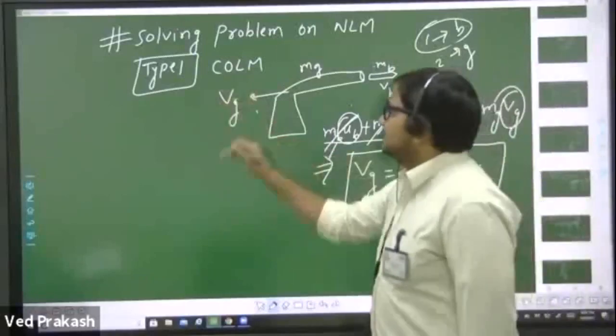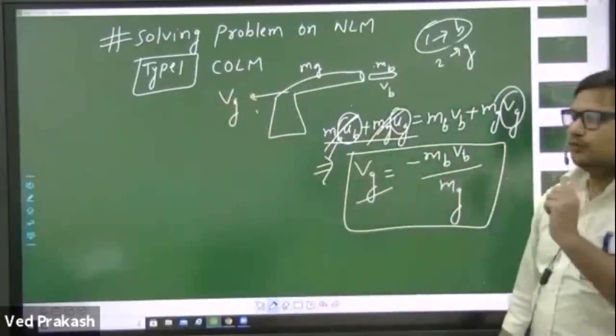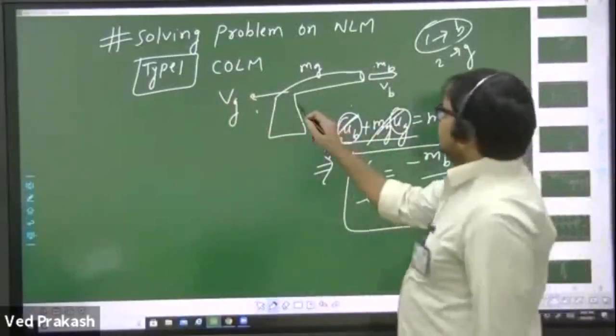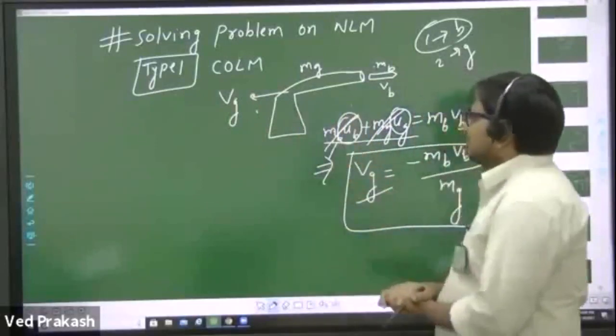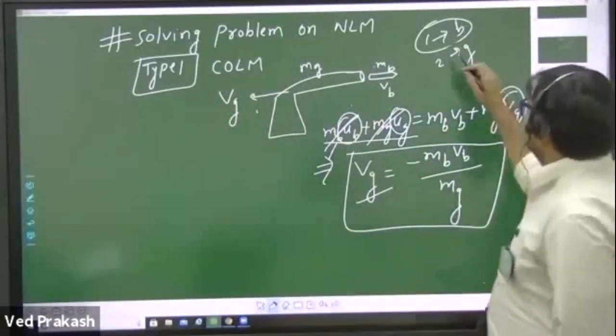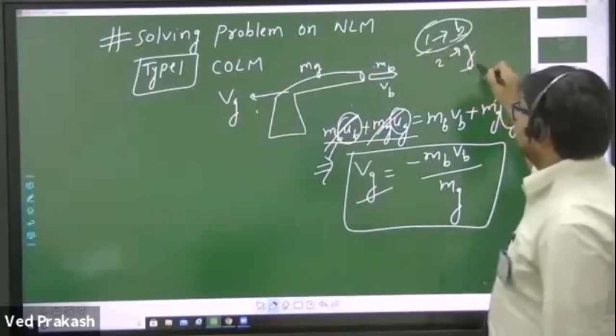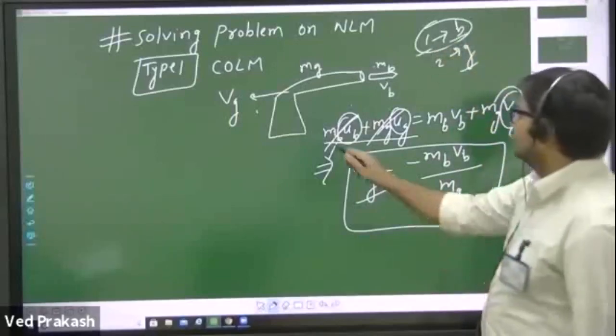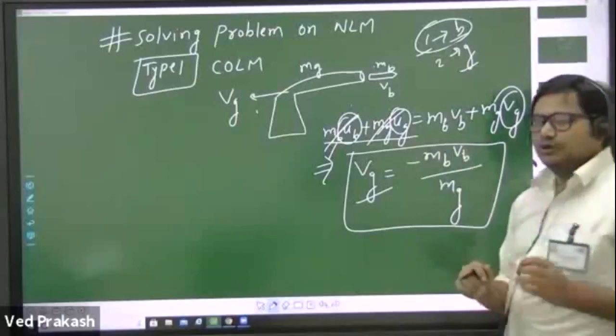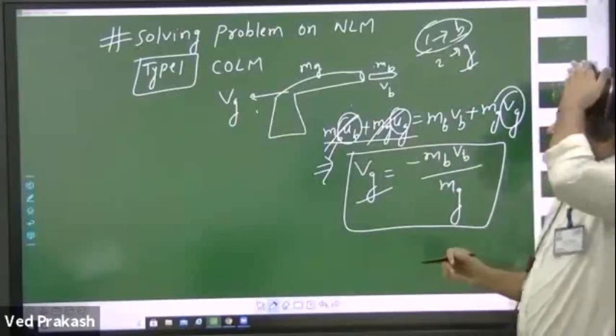So the first type is problems based on conservation of linear momentum. Here I have taken an example of a bullet gun system, where I will use 1 for bullet and 2 for gun. We already learned the formula m1 u1 plus m2 u2 equals m1 v1 plus m2 v2.